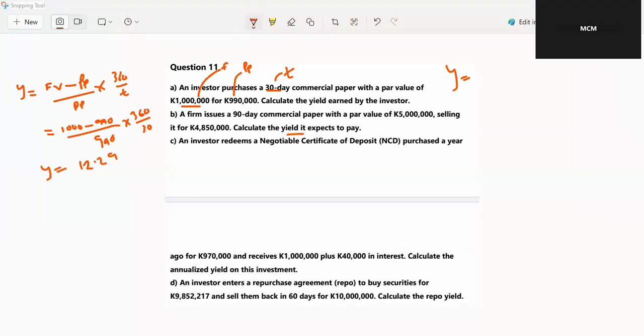So when we substitute, we're going to have 5,000 minus 4,850 over 4,850 times 360 over the time. In this case is how much? It's a 90-day commercial paper, so over 90.